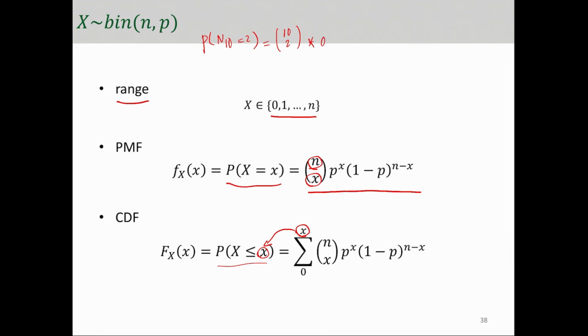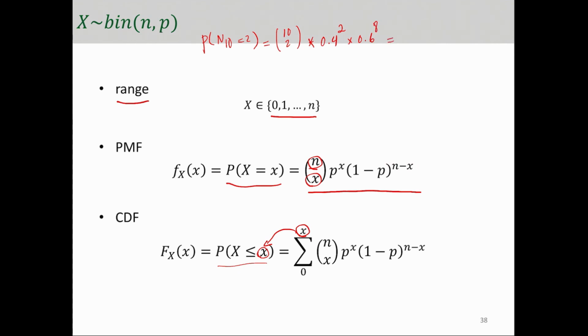So probability of success is 40% chance that you grab a gold marble, to the power of 2, times probability of failure, 1 minus p, 60% chance that you grab a non-gold marble, to the power of n minus x. In this case, 10 minus 2, so 8.